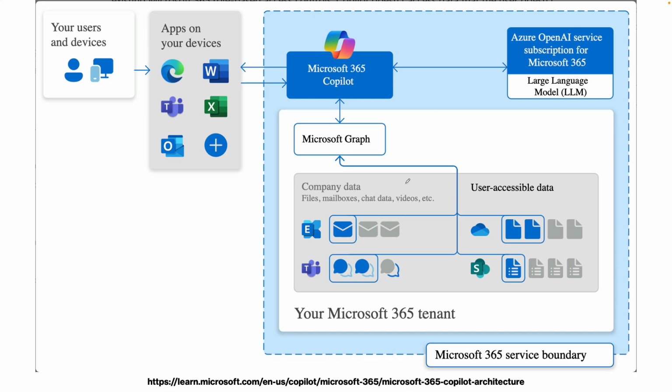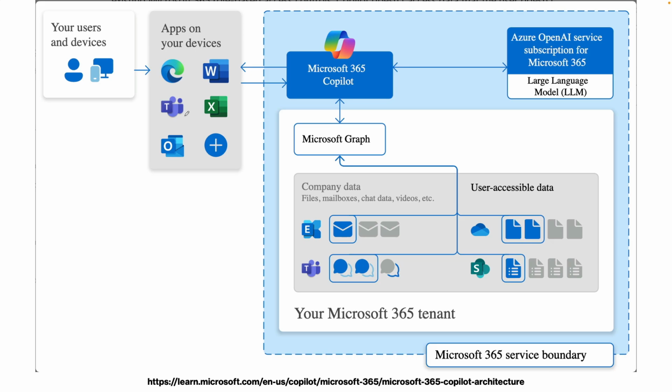And Copilot cannot access the data, obviously, that you don't have authorization to access. So let's say that there are a couple of files sitting on a SharePoint folder that you as a user are not authorized to access, then those cannot be included within the response that 365 Copilot will return to you. I think this makes sense. Now let's take a closer look.